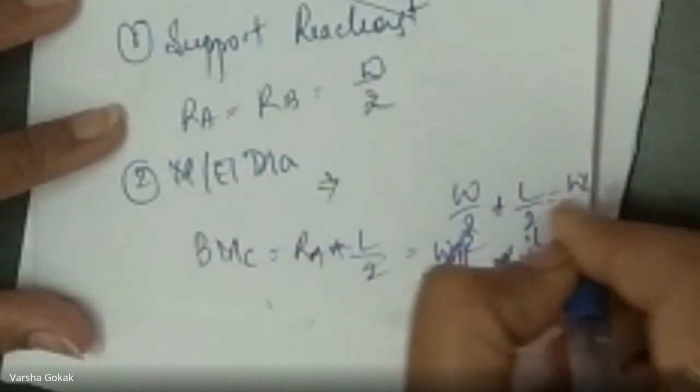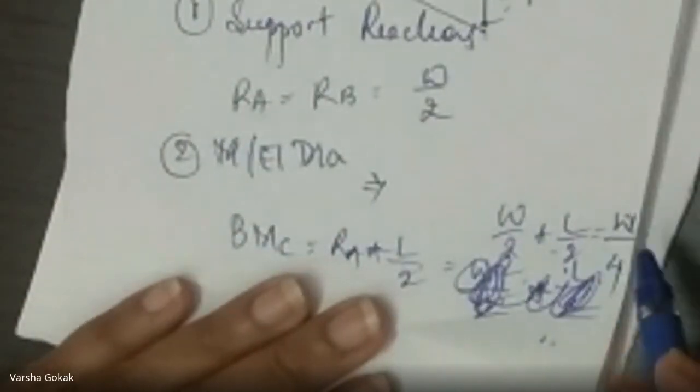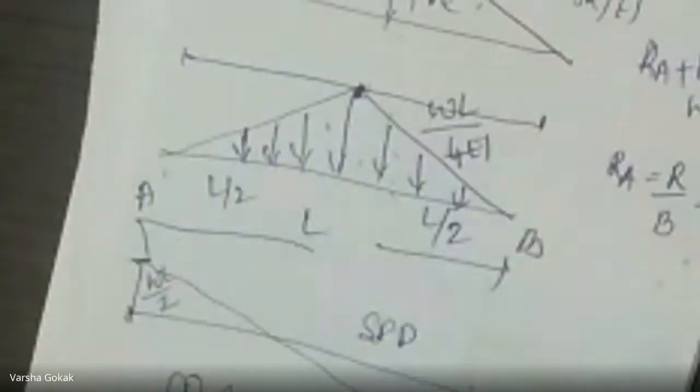That makes it WL by 4. We are aware of this bending moment. I took the previous UDL value, sorry. So we know the bending moment at this point is WL by 4. Actually, we should calculate all and then write here, but I first solved here and then calculated. Once you do that, let us calculate the slope and deflection.